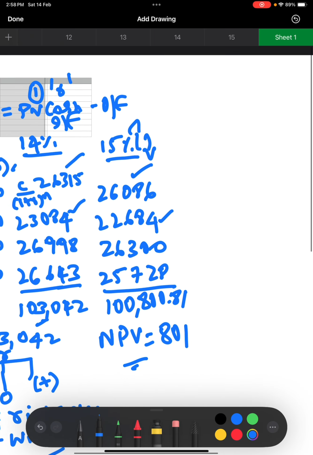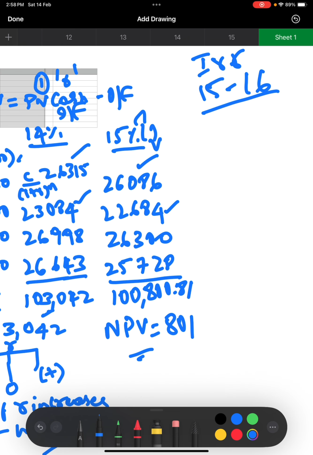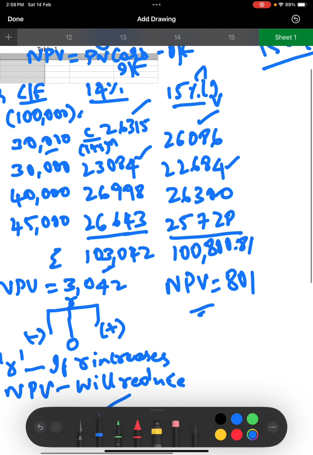So now we assume that the IRR is coming between 15 and 16, because when we took 14%, we got the NPV of 3,000, and now when we took 15%, you see it's a drastic change.